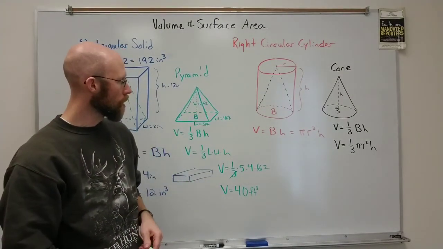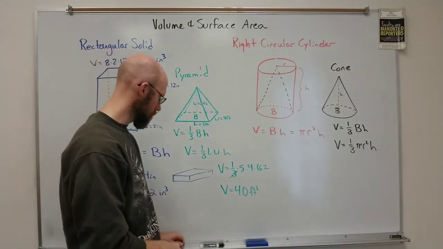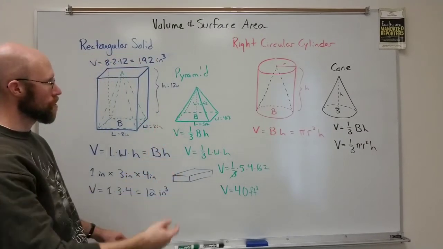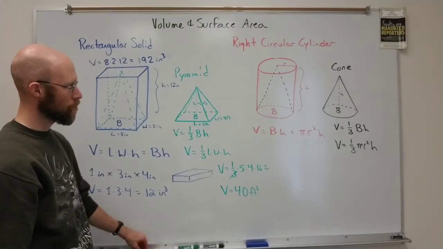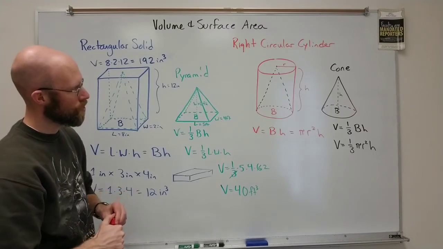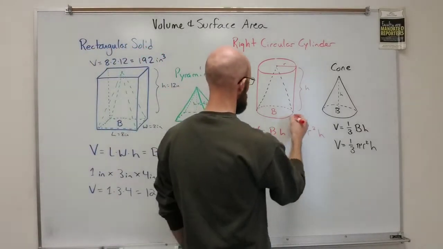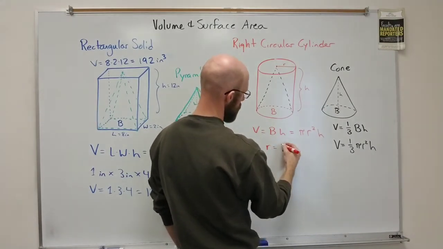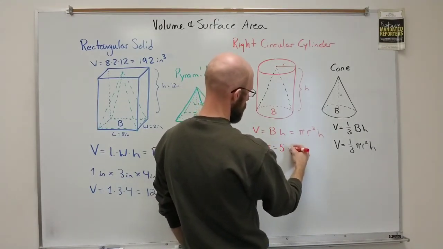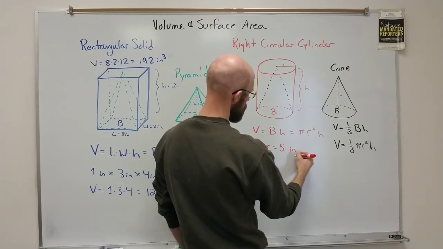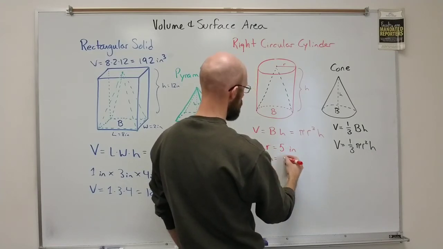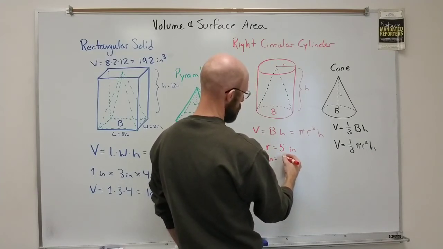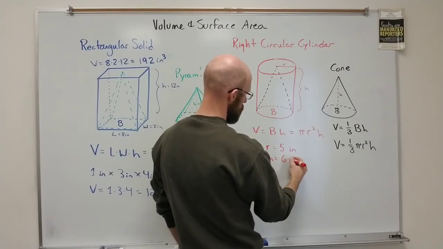Okay. And of course, if we want to go to the circular cylinders, we can do that as well. Let's say, for instance, you have a base circle with a radius of 5 inches and a height of, I don't know, maybe another 6 inches.